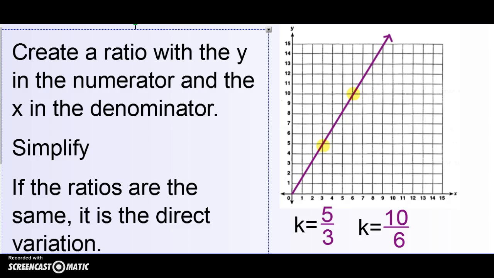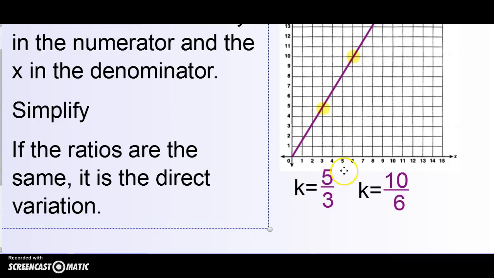So number 1, you'll create a ratio comparing the y to the x. Then you'll simplify. And if the ratios are the same, it's called a direct variation. And then again, we'll just be considering that k. And in algebra, they always consider k as the direct variation.